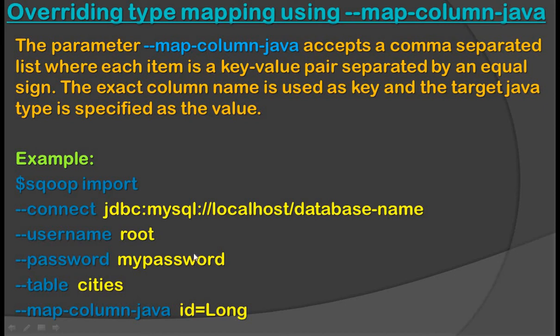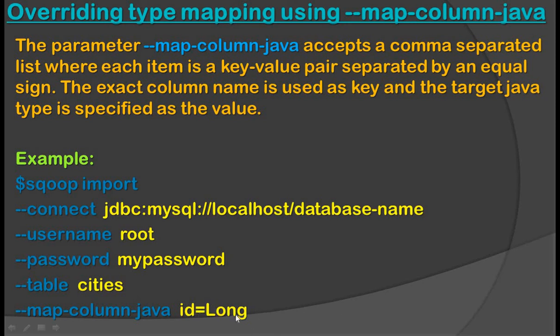In this example, we are going to import the city table, and suppose in the city table I have an ID column which might be int, and if we want to change that data type, we can change it this way: id equals long. Suppose we want to change more than one column's data types, then we can put the column name, followed by the data type which we want to override, and in this way we can put many columns and data types, comma separated.